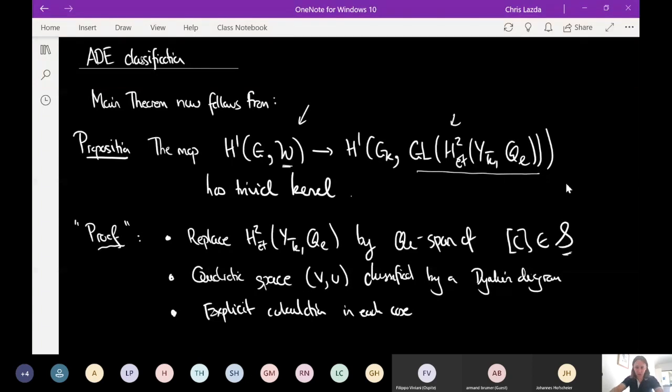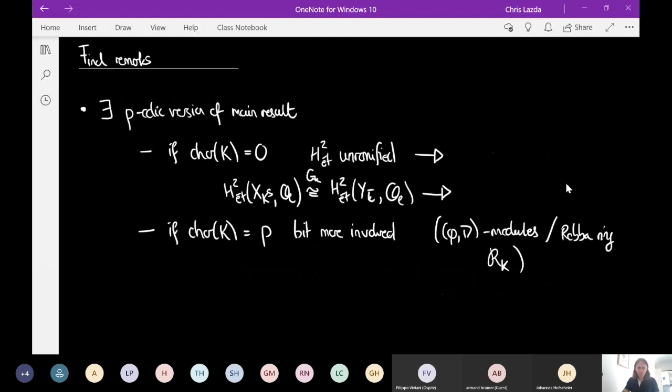And just very quickly, in the minute I have left, I want to say that there is a p-adic version of this result.